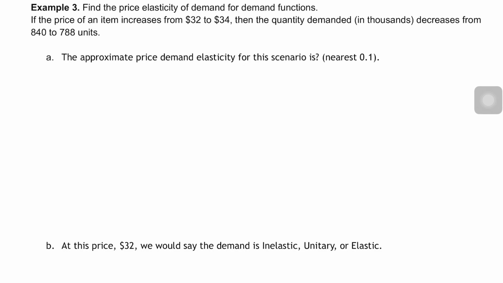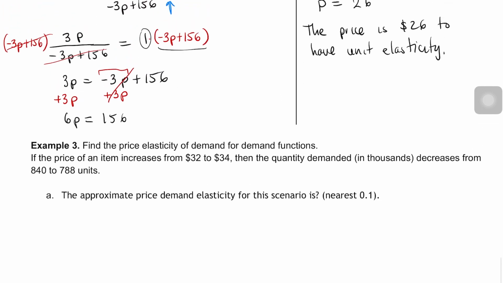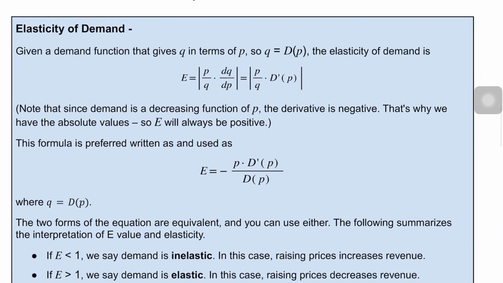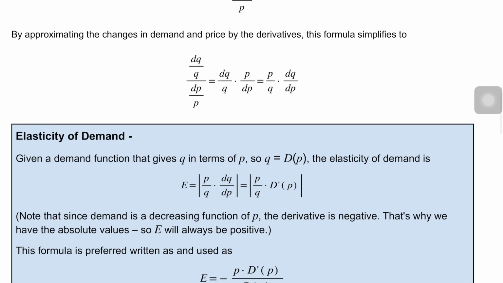So what we're gonna do here is go back to the basics, and not use this function, but use the alternative, which actually came from this, right? The change in quantity over the original quantity, all over the change in price over the price.